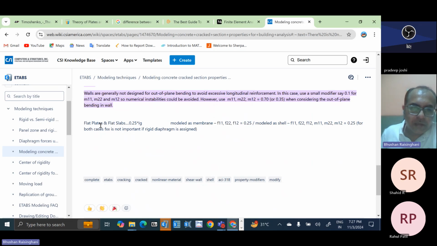So flat plates and flat slabs are modeled as membrane as per ACI code. If it is modeled as shell, then you have to give F11, F22, F12, that is in plane, and out of plane, M11, M22, M12, as 0.25 for both cases. Okay.